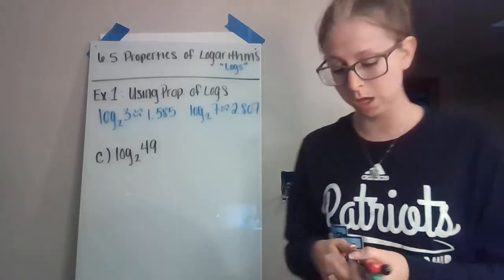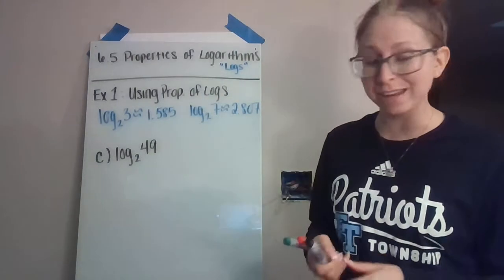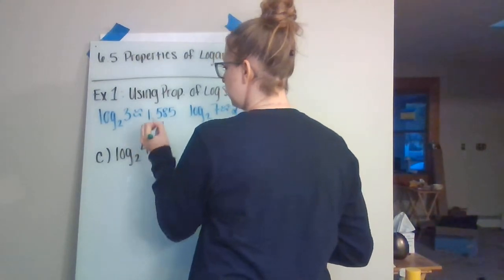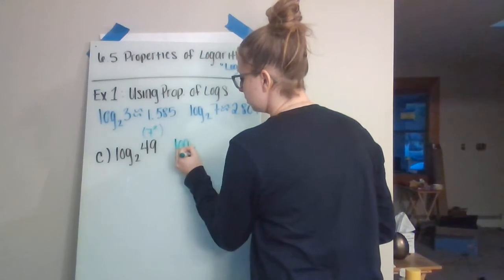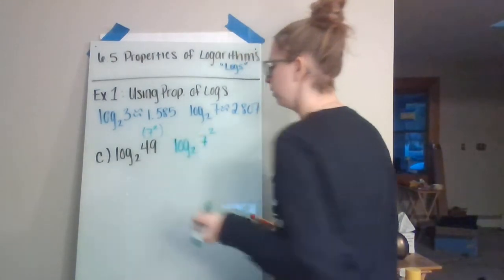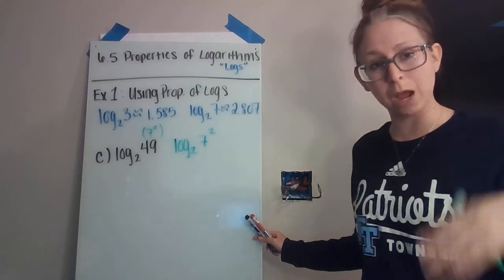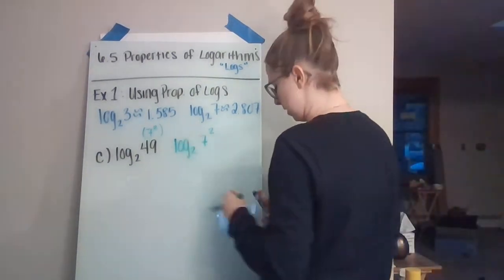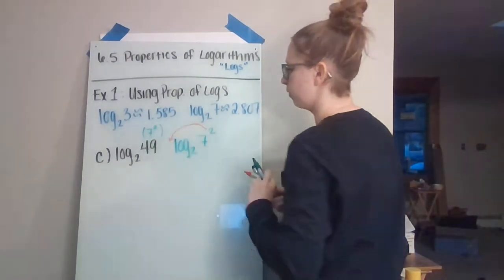power property. So in order to do the power property with 49 using 7, this would have to represent 7 squared, right? So this would have to represent log base 2 of 7 squared. Now I know I can't leave it like that because when I have a power to a power, I have to multiply, right? In order to multiply, this guy has to come to the front.